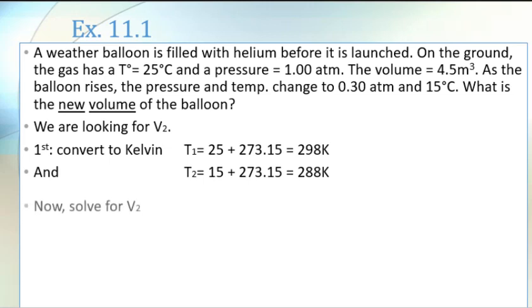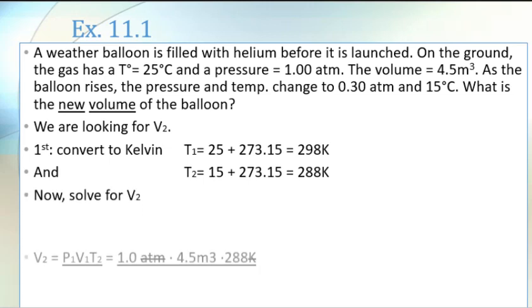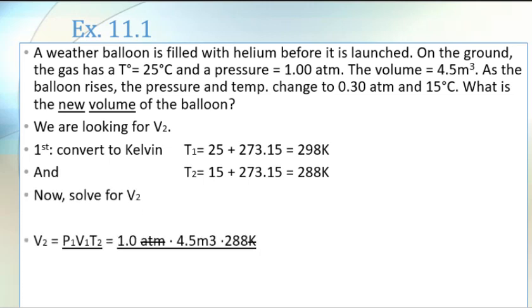All right, so now we can solve for V2. V2 is going to be P1 V1 T2 over T1 P2. Our atmospheres, volume, and temperatures were all given to us. The only real work we had to do was the conversion, and then remember this equation right here. And we end up with 14 cubic meters.